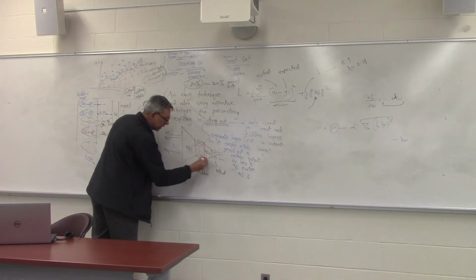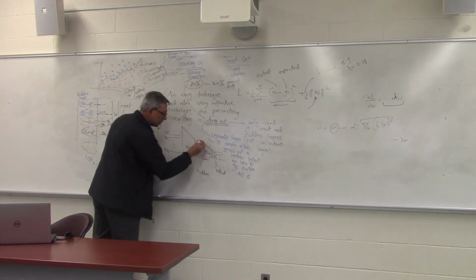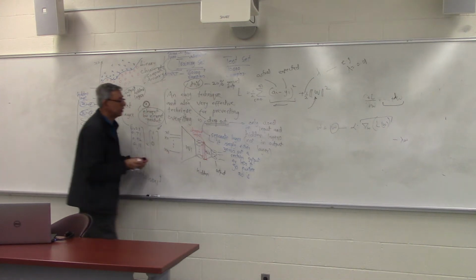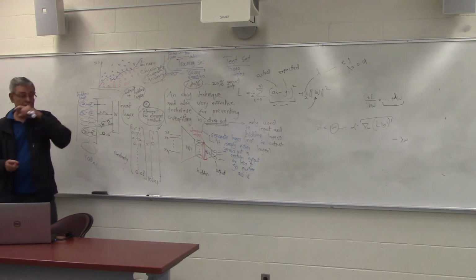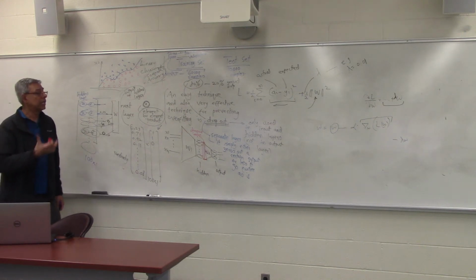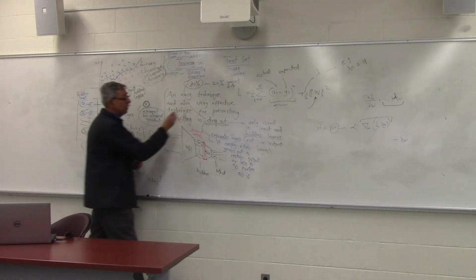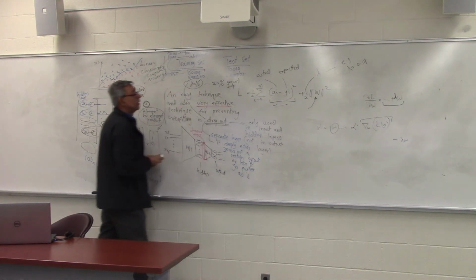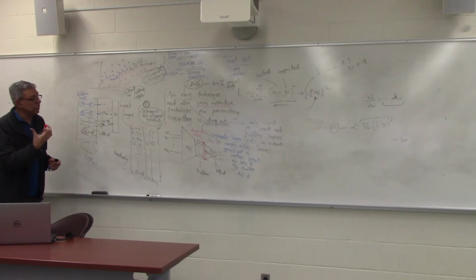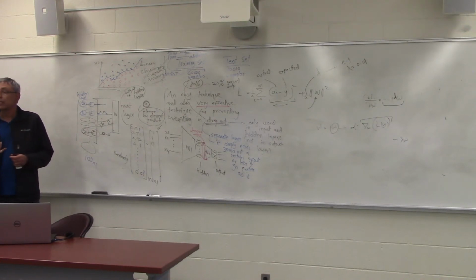Here, if I create this red column over here, so this is the dropout layer. And it is extremely easy to program, easy to implement, and it is very effective, okay, very effective. Why? So the intuition is like this, okay?